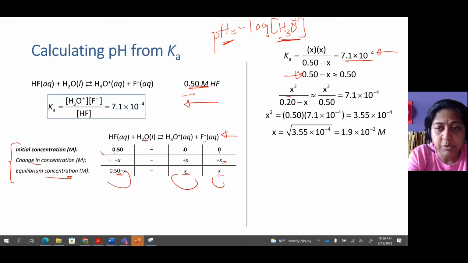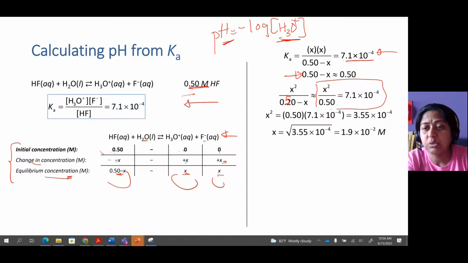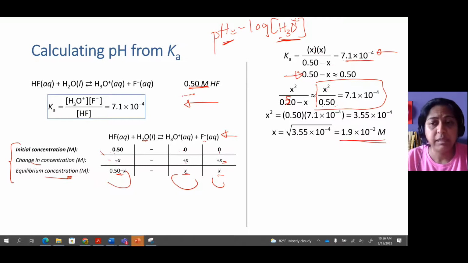Here is a typo. This must be 0.50 minus x equals that. Therefore, the equation rearranges to x squared divided by 0.50 equals 7.1 times 10 to the negative fourth. So then we solve for x and we find 1.9 times 10 to the negative second molar for x.